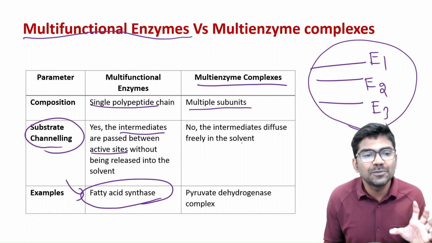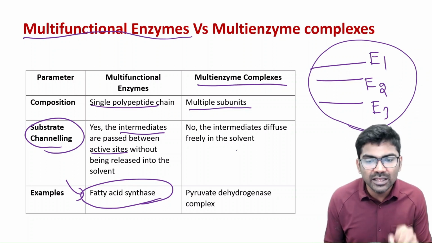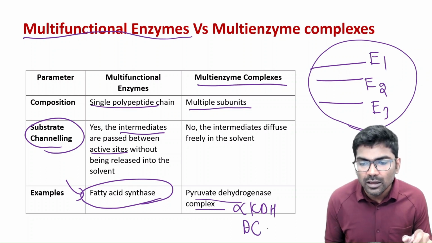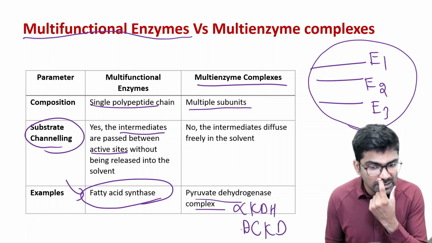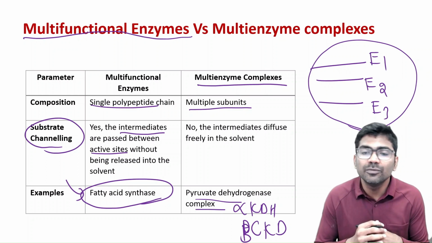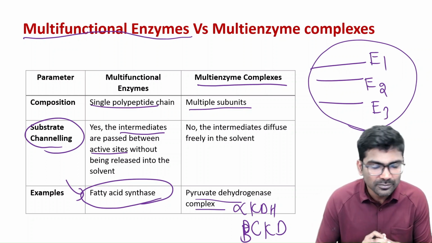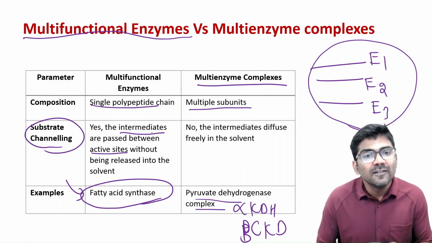Whereas there is no substrate channeling in the multi-enzyme complex. Pyruvate dehydrogenase, alpha ketoglutarate dehydrogenase, and branched chain keto acid dehydrogenase, BCKD. So these are a few examples for multi-enzyme complexes. So with this, I think we can finish the active site of enzymes lesson.